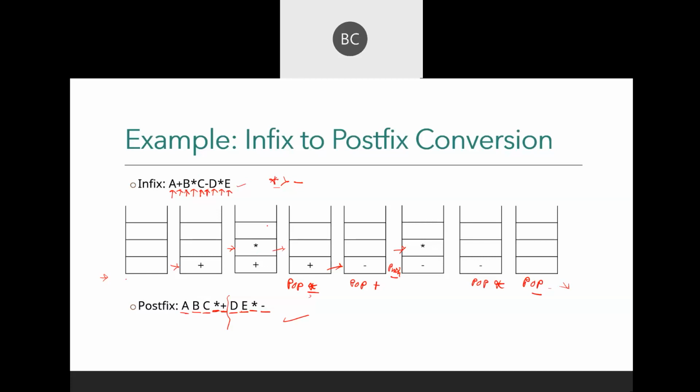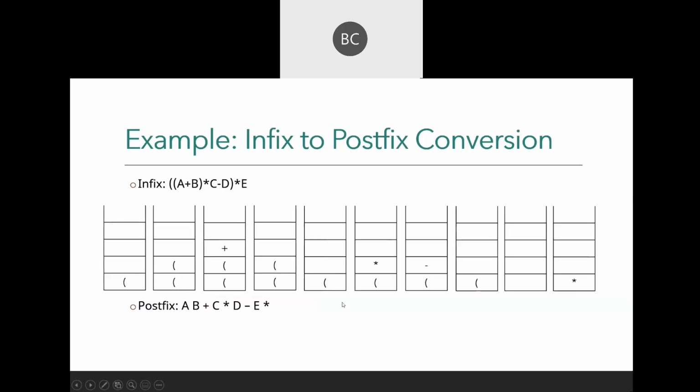That's why we could not directly push the minus sign onto the stack. So we pop out the high precedence operators and put them to the result section. Then we push back this minus sign. Let's see another example. It will be clear to you guys.